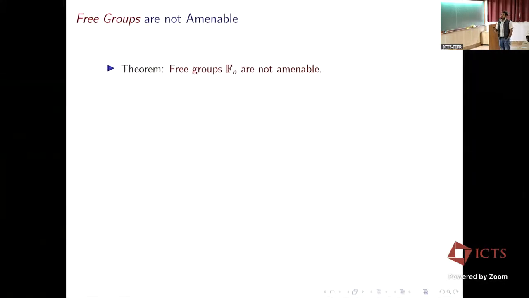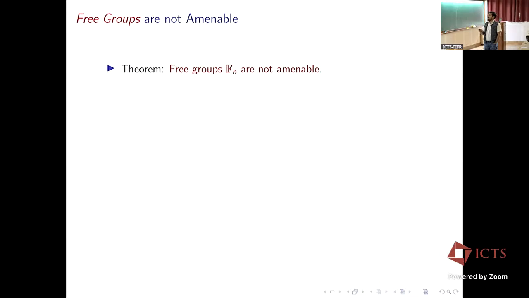Next, I thought it would be good to give an example of a non-amenable group and why it is non-amenable. Historically, I think free groups not being amenable was probably the reason amenability was introduced. And it was introduced in connection with the Banach-Tarski paradox, as far as I understand.